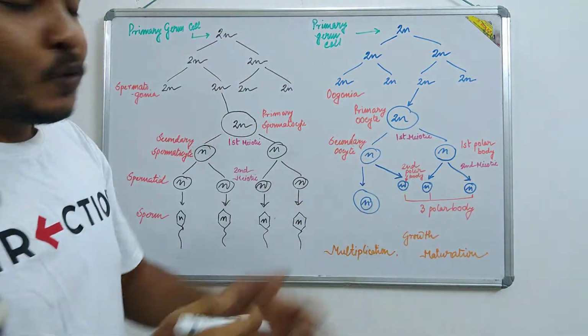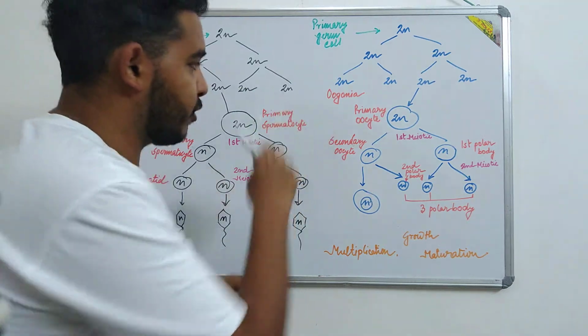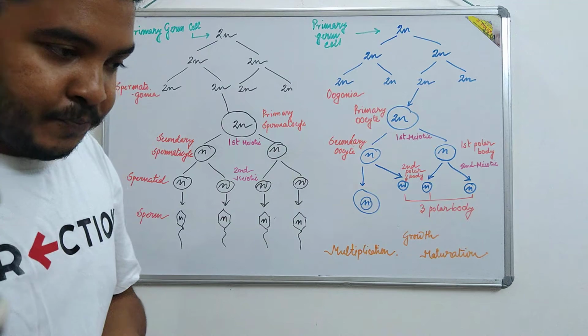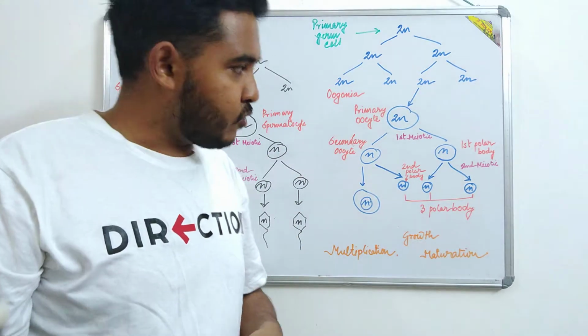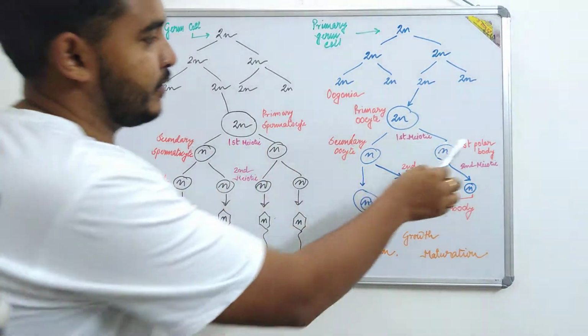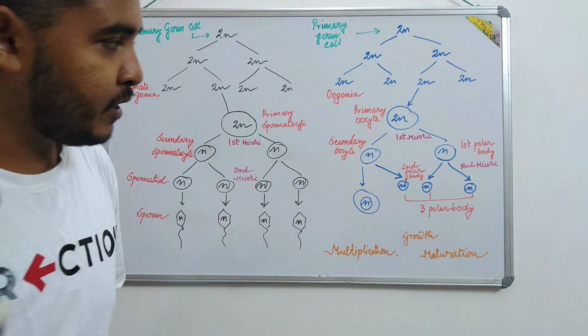So that 2n number of chromosomes, this primary oocyte and this primary spermatocyte, they grow and synthesize their DNA and proteins and all those things to form new cells. So just like the first one, it goes for the first meiotic division and second meiotic division.